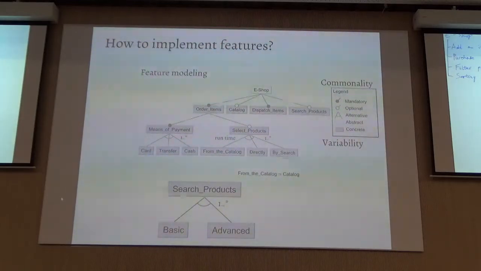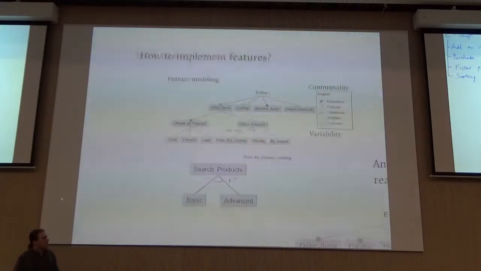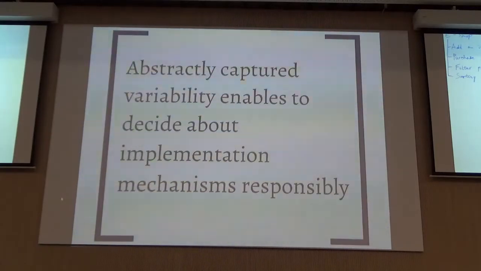Then again, what's the use of this? If they are not doing exactly this kind of feature modeling, they're doing some things in a similar way. But what's the use of this? Can we use this to decide how to implement things, at least a little bit?